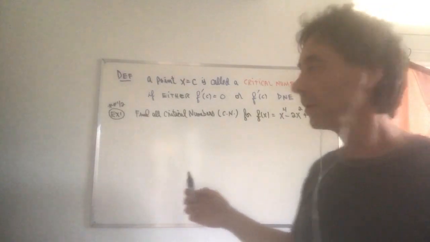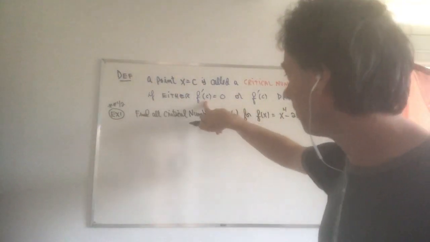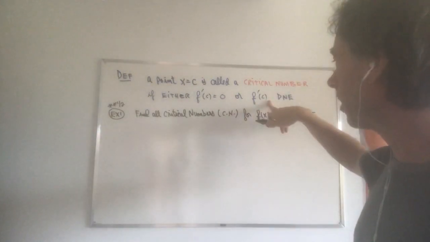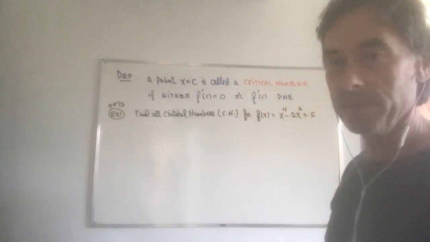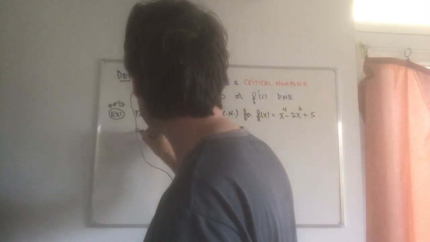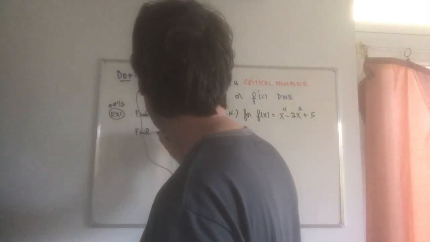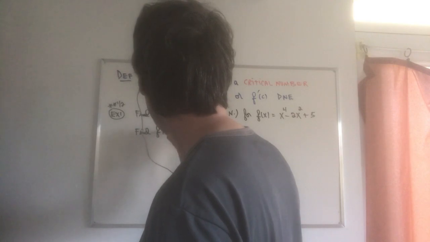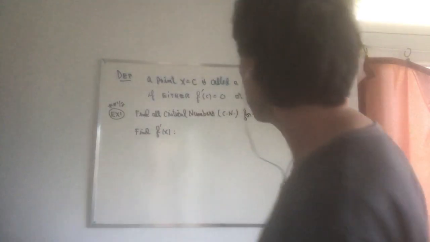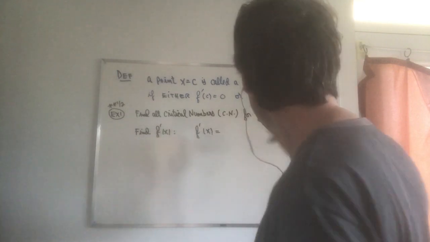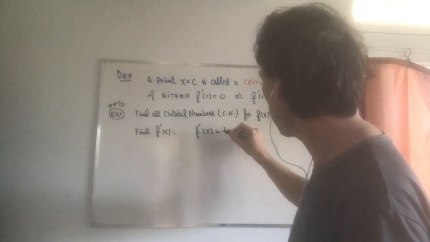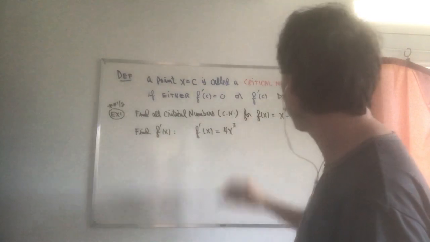What is a critical number? It's a number that makes f prime 0, or a number that makes f prime DNE. In either case, I need to find f prime to calculate the critical numbers. This is an easy function, a polynomial. Derivative of x to the fourth is 4x cubed.